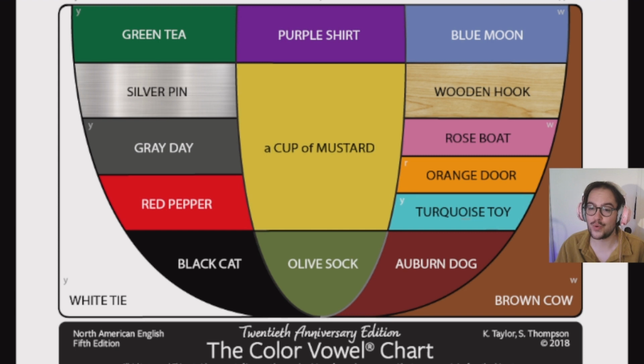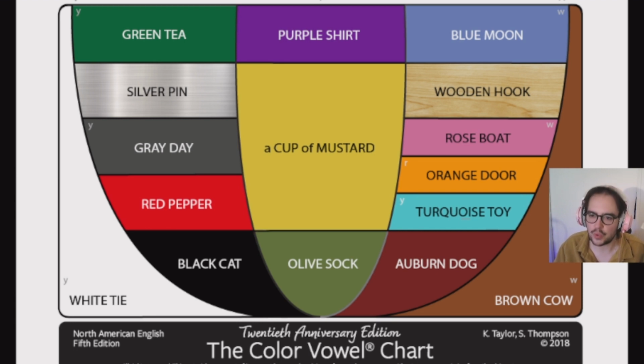How about over here? Blue moon, brown cow. This is going to help you remember the vowel sounds. Now, even though blue and moon have different spelling patterns, UE and OO, they still share the same vowel sound.